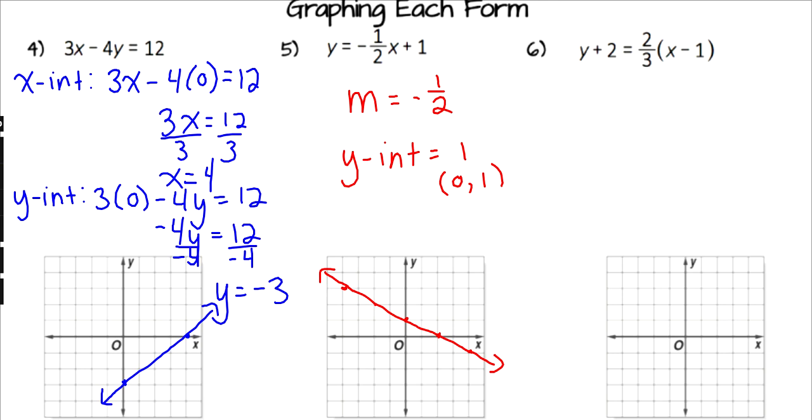Lastly, we are going to graph an equation in point-slope form. So if you remember from up above, we are given the slope, which is that 2/3 in this case, and then we are given another point on the graph. And in this case, remember that's our x1 and our y1.